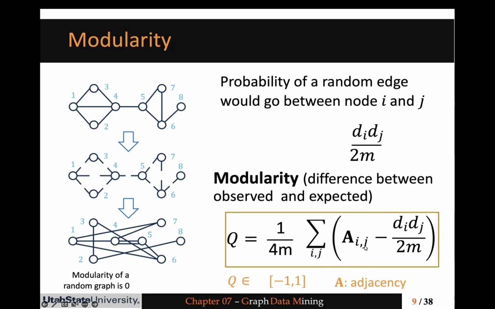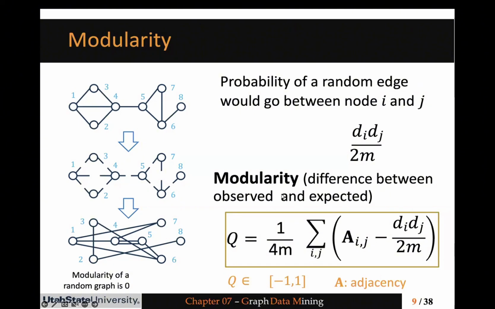So A_ij is 1 or 0 depending on whether an edge exists between nodes i and j. d_i d_j over 2m is the probability of edge existence between i and j at random under the null model, based on the degrees of the two nodes with respect to all the edges that exist in my graph.